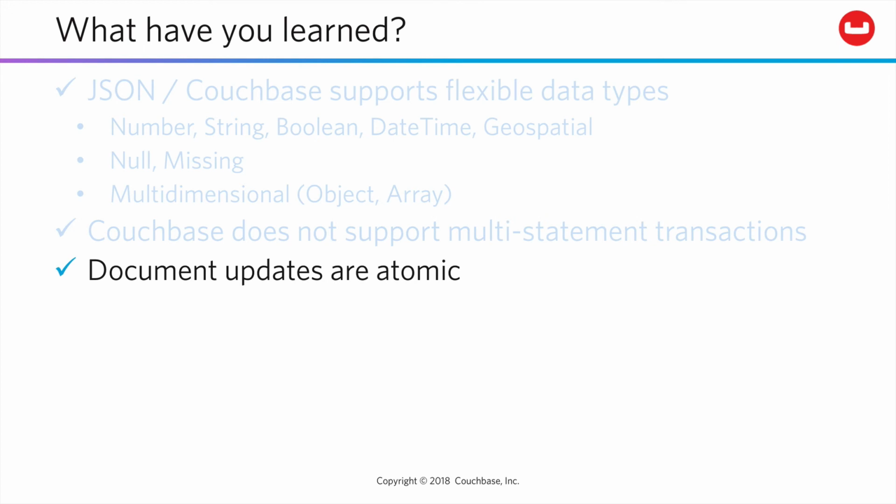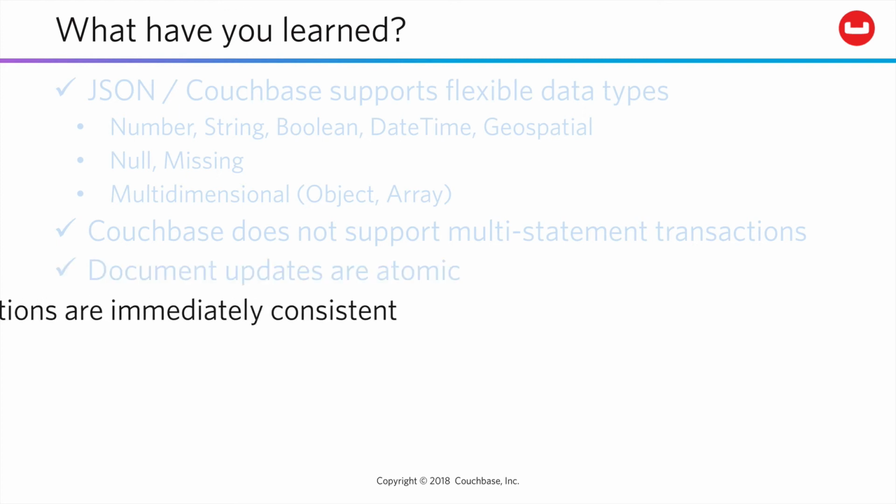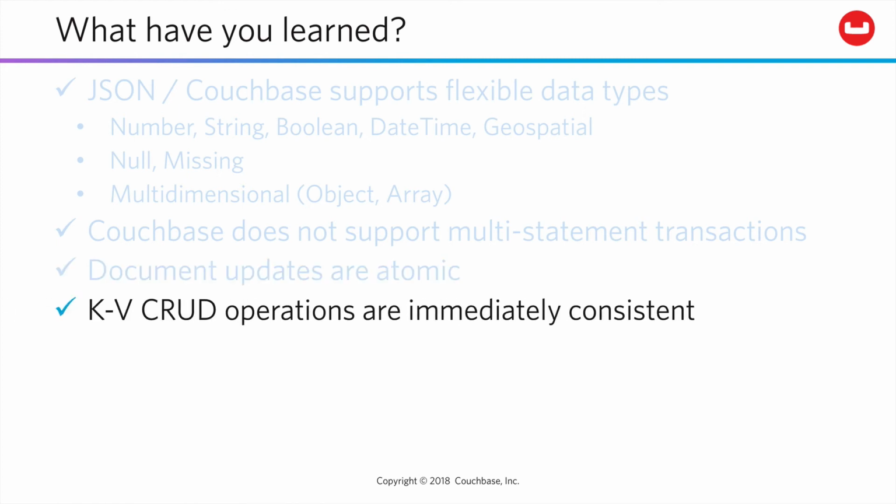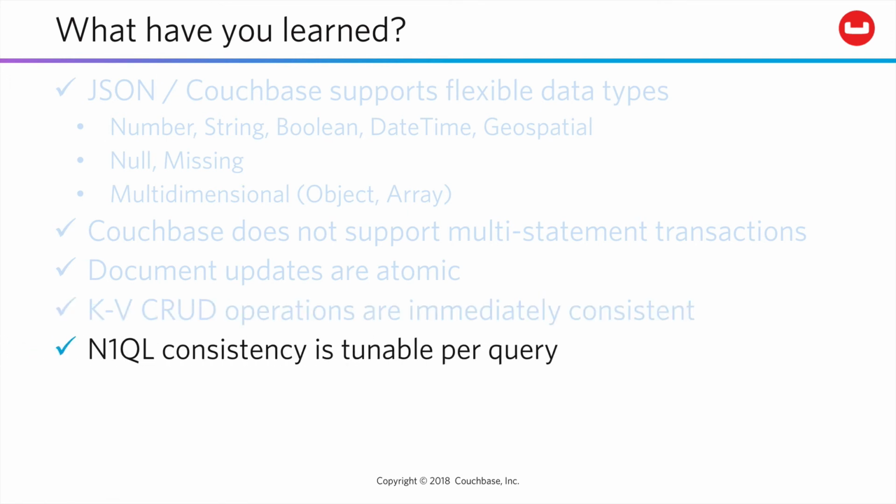Atomic updates can be had instead by isolating transactionally related values within the same document. Key value create, read, update, and delete operations are immediately consistent across the cluster, while N1QL operations are as consistent as you choose to make them on a per-operation basis from the SDK.